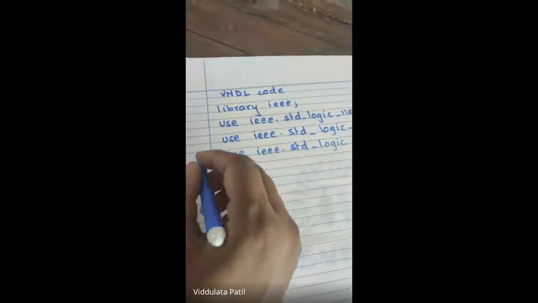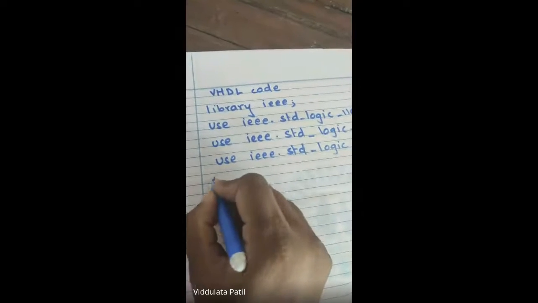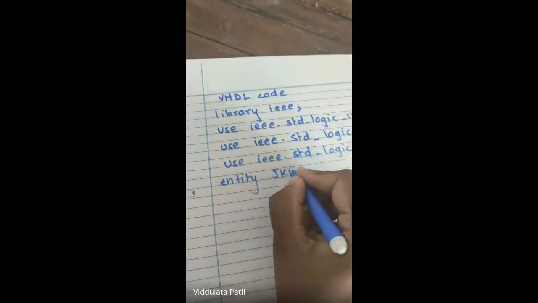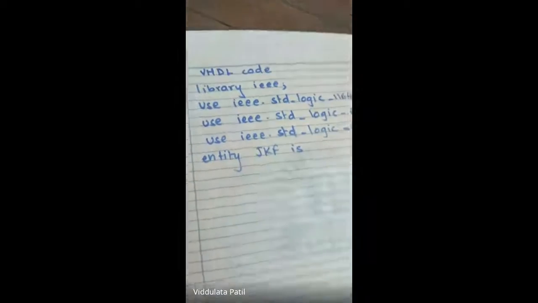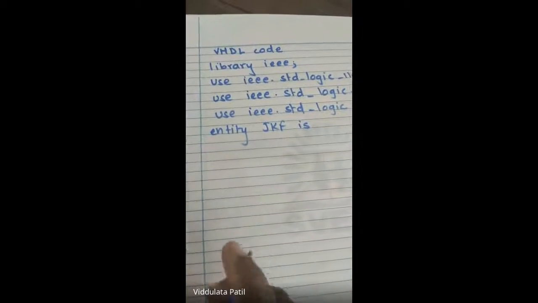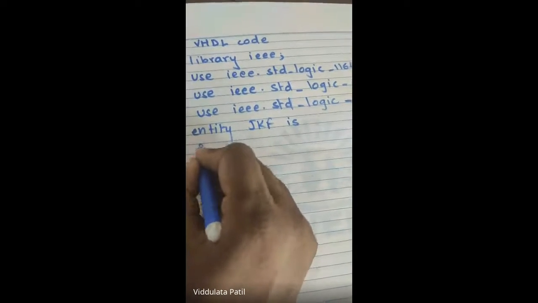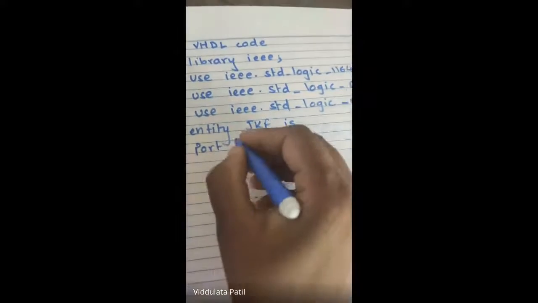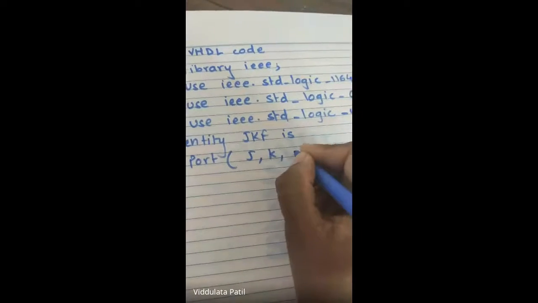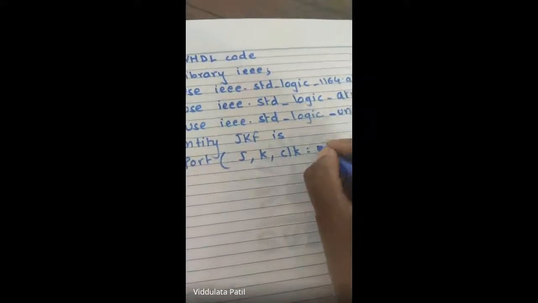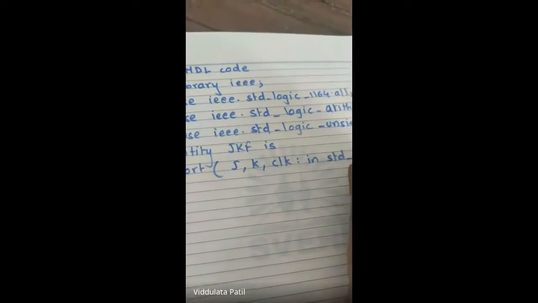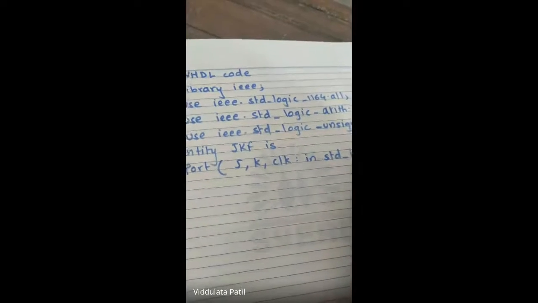Okay, and then let us declare the entity. So entity JKF is, then port declaration. So port J comma K comma clock are all inputs of type std_logic.